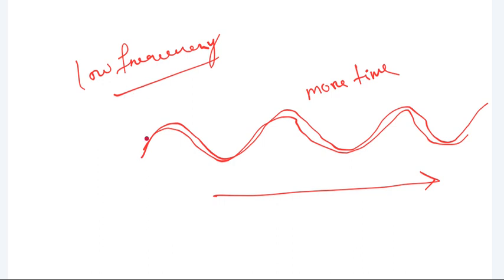So if you are using low frequency, it can travel more distance, but if it travels more distance, it will take more time.